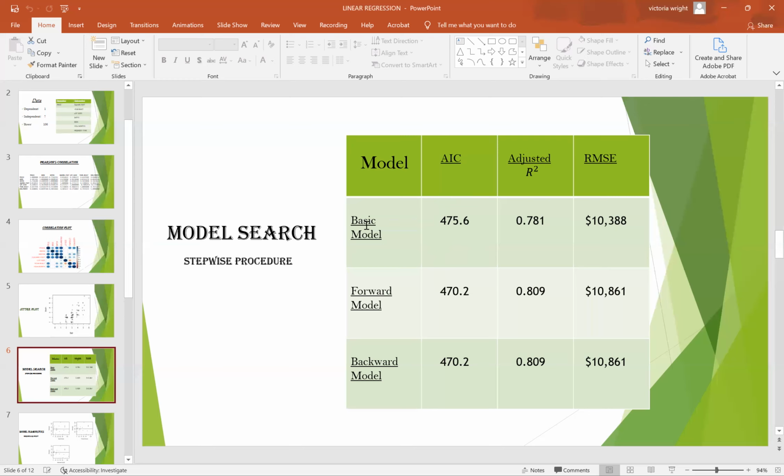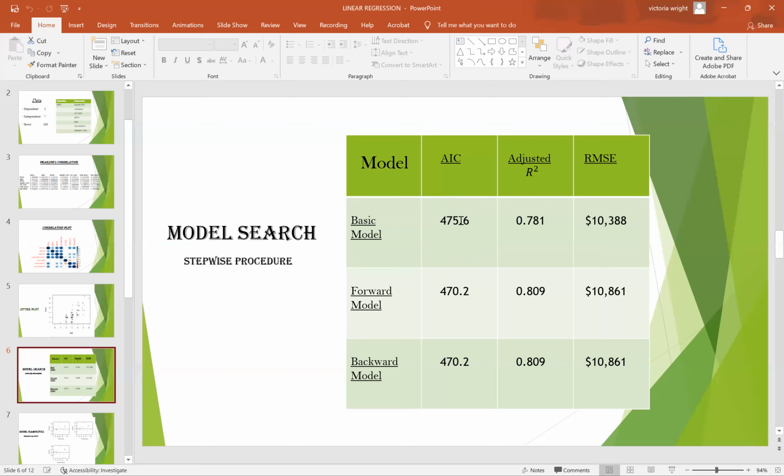Like you see, the basic model had a bigger AIC, and the predictors tend to make a big model. That's why I cannot choose the basic model.